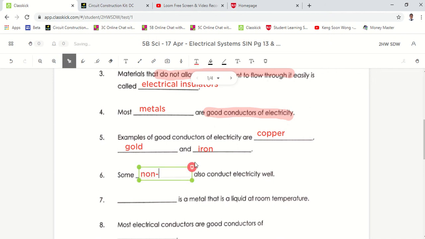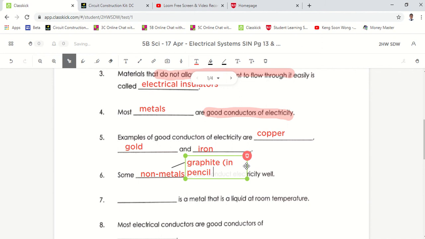However, there are also some non-metals that I want to elaborate on. Not all non-metals are electrical insulators. Some non-metals are also conductors of electricity. For example, you have graphite. Graphite is actually a non-metal, and where can you find graphite? In your pencil lead.